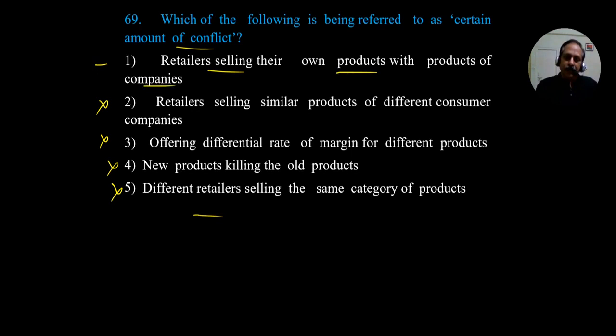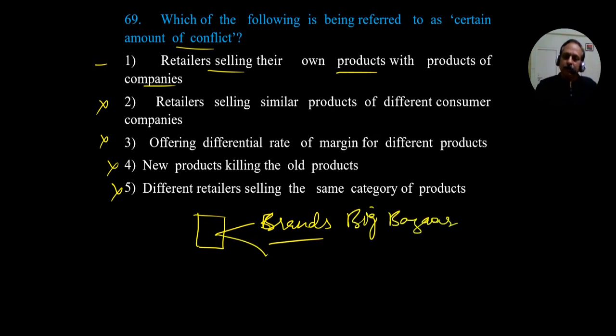Retail business, you come across many brands from established companies. If you go to a supermarket, you go to a hypermarket, you come across a lot of products and they're all branded from established companies. Imagine you take a retail outlet like Big Bazaar. In the Big Bazaar, you see so many brands, but simultaneously you see a product from Big Bazaar, Big Bazaar's own product.